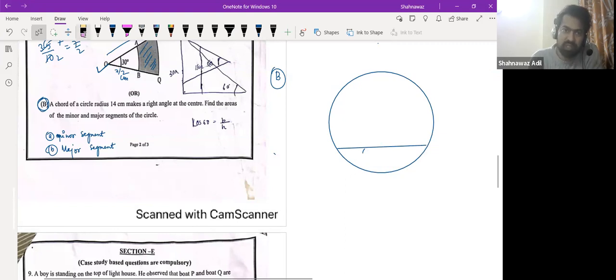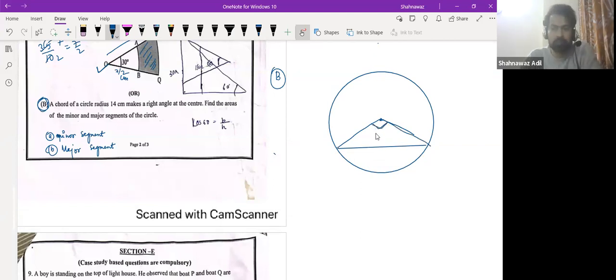Let's say this is the chord. This angle is how much? 90. This is 90. And this is how much? Let's say this is OA. How much is OA? 14. This is 14, so OB also makes 14.